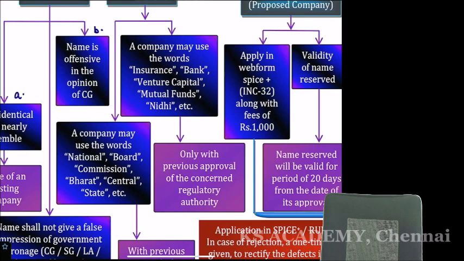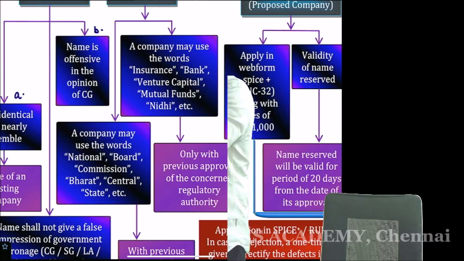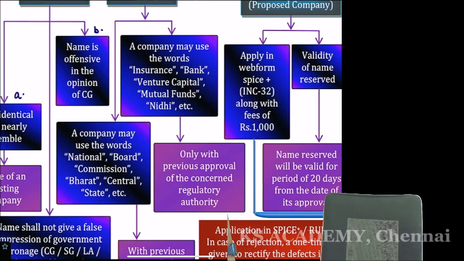What will happen if the number falls below the statutory minimum? Below 7 in case of public, below 2 in case of private. Explain in your own words, no problem. You need not read the answer. If a public company is below 7, it became 6.